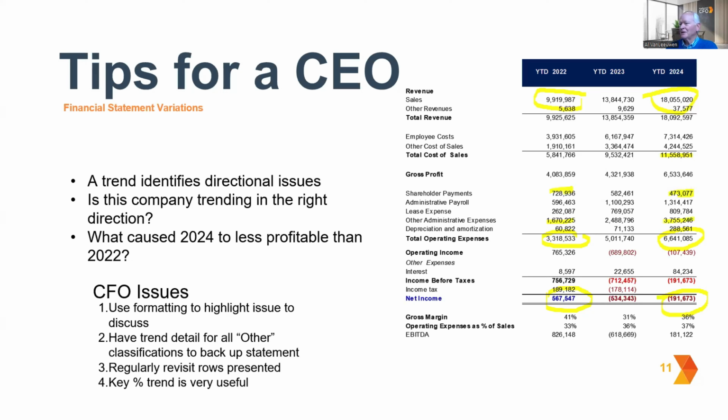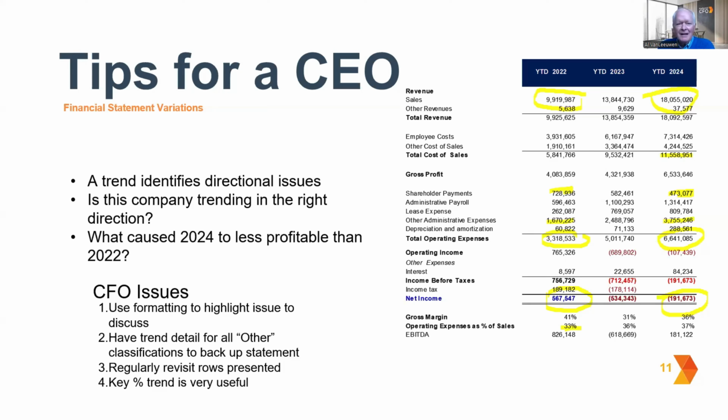So there's something going on in these administrative expenses where I would ask my CFO why administrative expenses are going up so much. What is it that's causing those to go up higher than they should have? Because at most I should only be spending 33% of my sales as operating expenses.